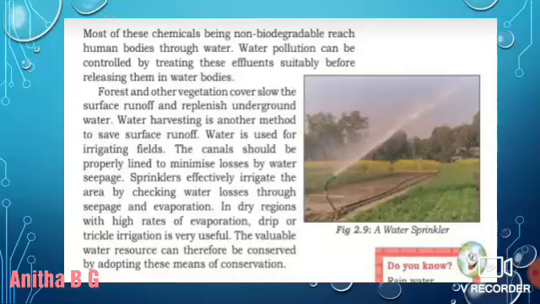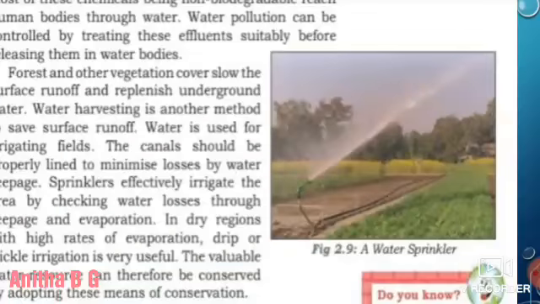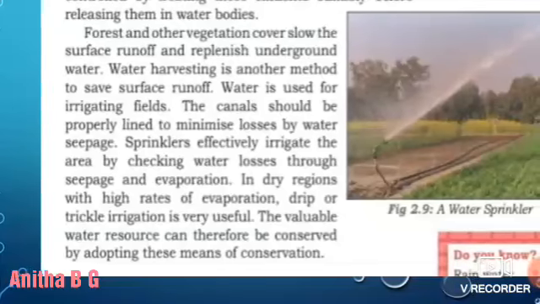The canals used for irrigating fields should be properly lined to minimize losses by water seepage. Next, sprinklers effectively irrigate the area by checking water losses through seepage and evaporation. In figure 2.9 we can see a water sprinkler for the farm.